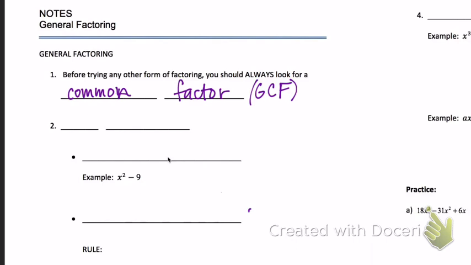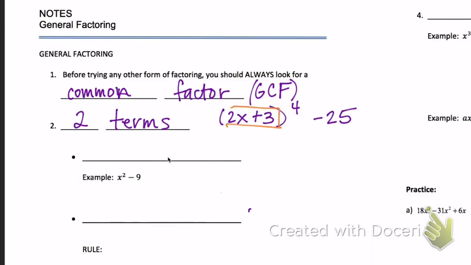Then if you see a problem with 2 terms, like the example from factoring worksheet 1, I think it was 2x plus 3 to the 4th minus 25, this also is considered 2 terms.